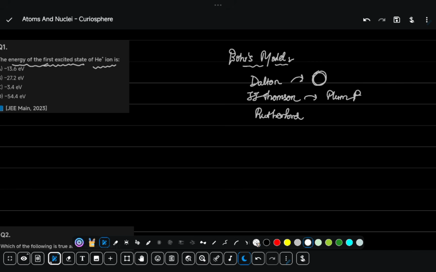Okay, the plum pudding model, stating that the atom was a solid sphere with the positive charge spread all over it, and the negative electrons being like the plums in a pudding, similar to a watermelon. The seeds of the watermelon are nothing but the electrons.